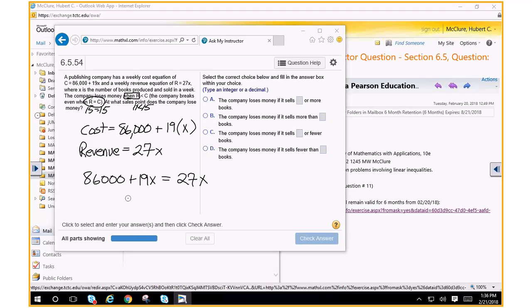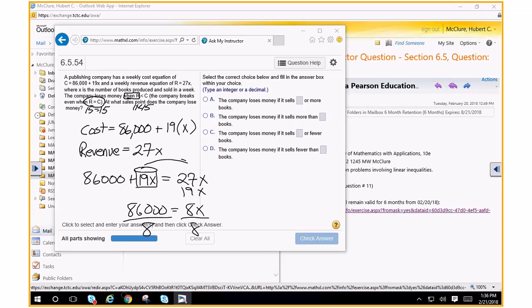So which one's the smallest bucket? 27 minus 19 is 8. Divide by 8. Y'all tell me what that is. Because it's 10,000 something, or I don't know. 10,300.